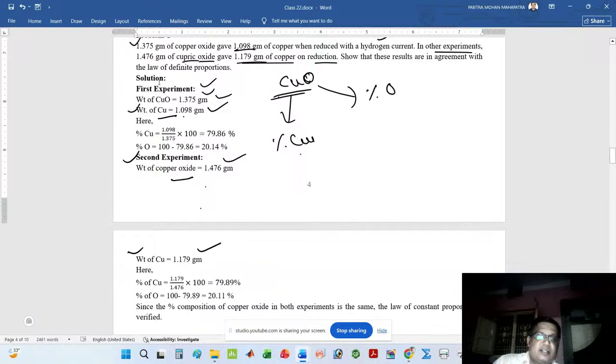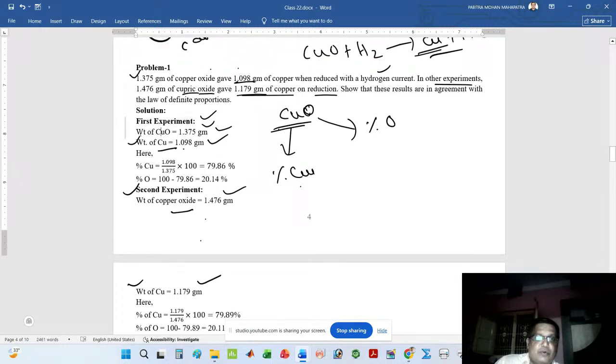From the problem, look at that. Here two methods are given; one is considered as the first experiment, another is considered as the second experiment. In the first experiment, weight of copper oxide is 1.375 gram. Weight of copper is 1.098 gram.